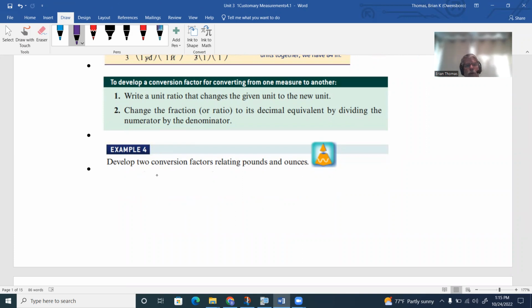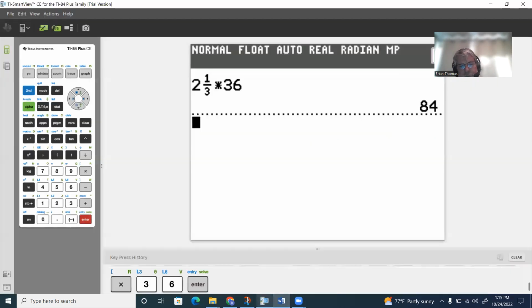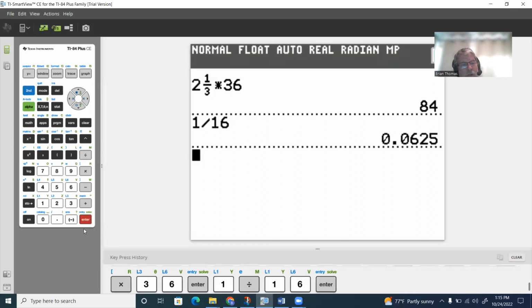So if I want to develop two conversion factors relating pounds and ounces, well, we know that there is 1 pound for every 16 ounces. So that's how we have this 1 over 16. I can actually change 1/16 to a decimal. So 1 divided by 16 gives me 0.0625.